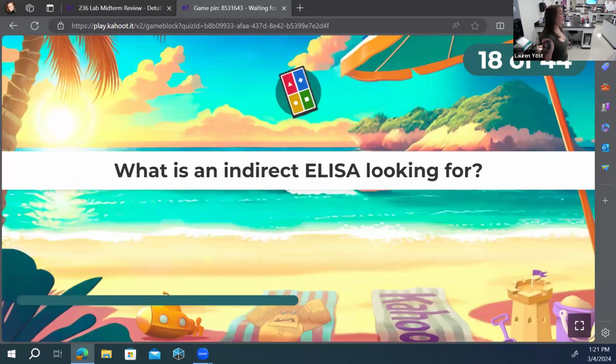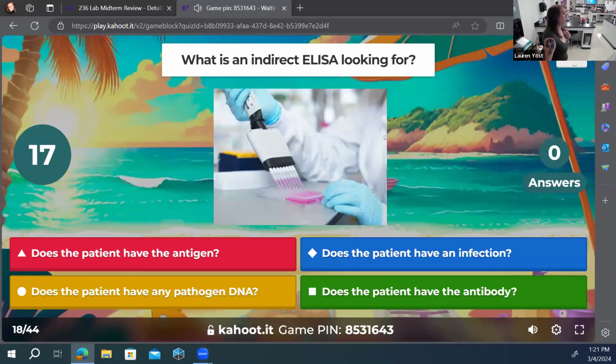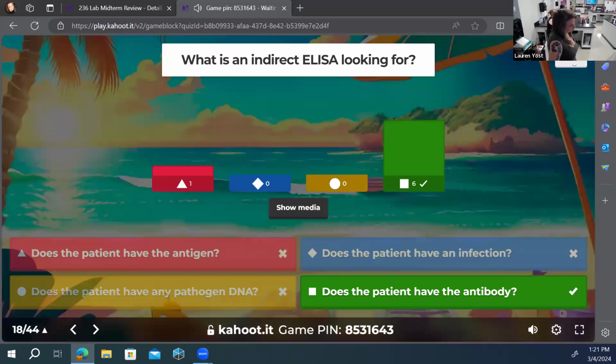All right. What does an indirect ELISA look for? What is it looking for in the patient? Alrighty. Good job, guys. In fact, we're looking to see if the patient has the antibody.